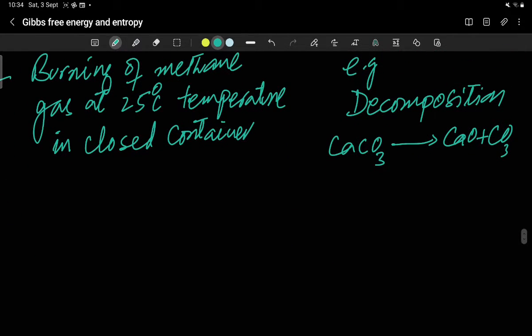So the next term, which is very important, is standard Gibbs free energy.